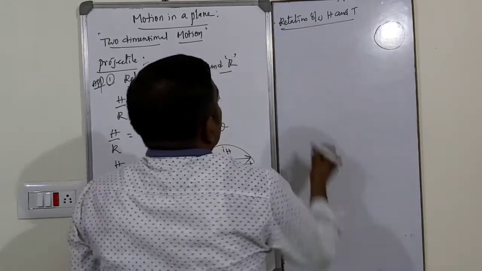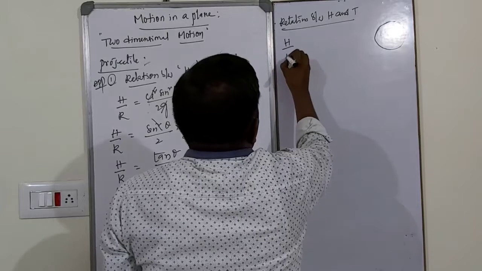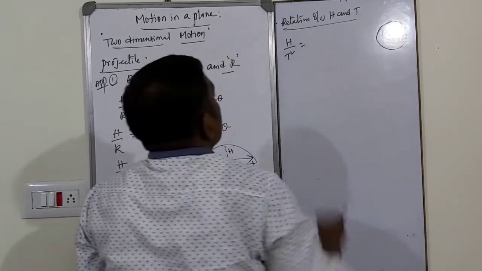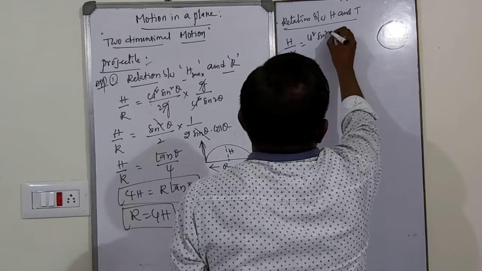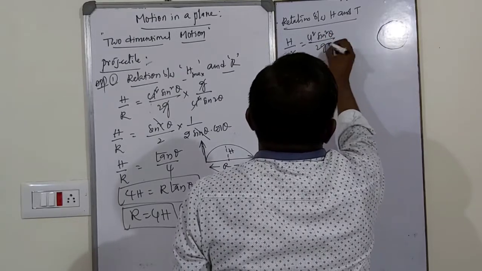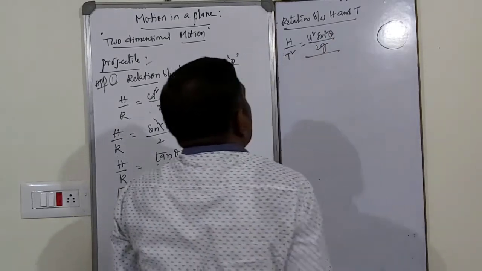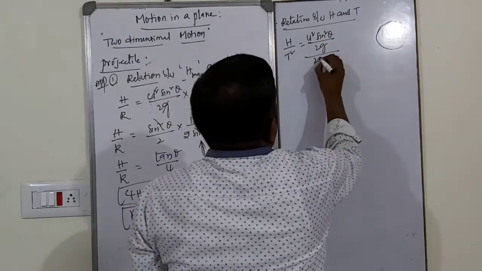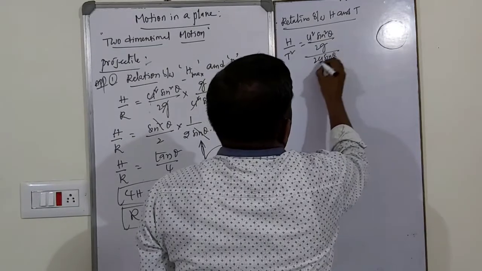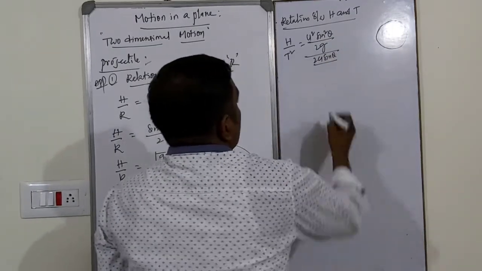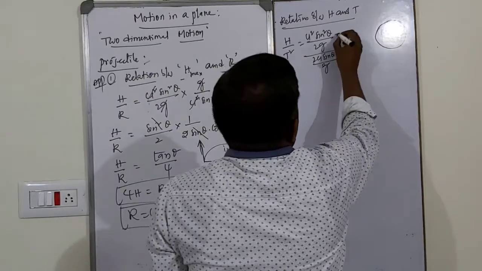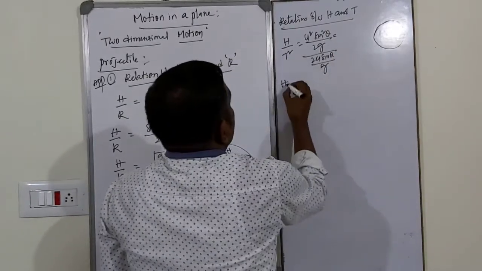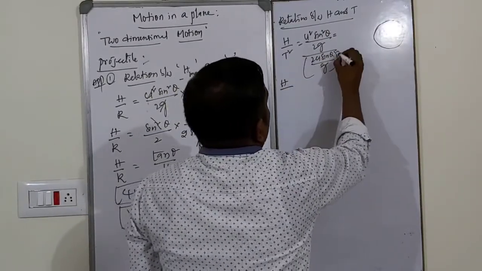See dear students, I will take H by T square. What is the value of H? U square sin square theta by 2g, whole divided by, what is the value of T? 2u sin theta by g. So then simply H by T square.